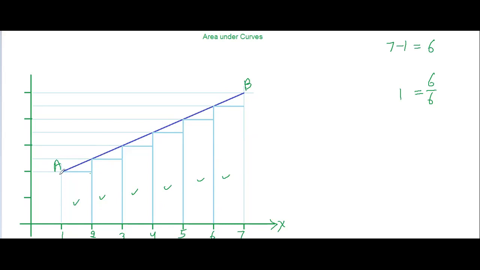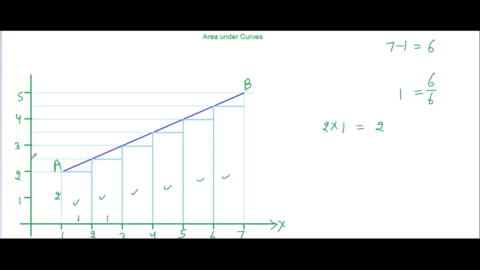The height of the first rectangle from the graph can be read. This is 2. Width is 1 and height is 2. So the area of the first rectangle is 2 into 1, 2. For the second rectangle, we have width 1 and the height can be read from the graph.